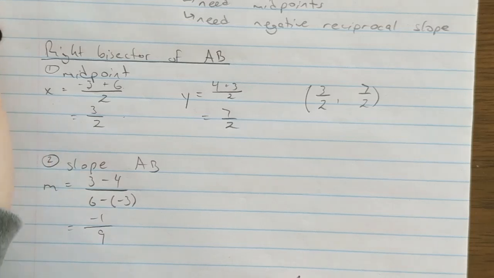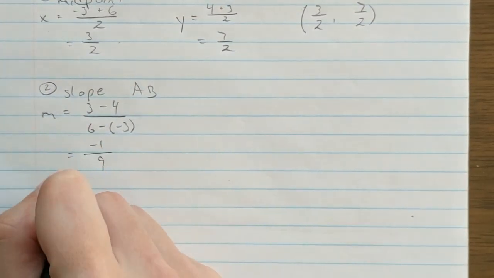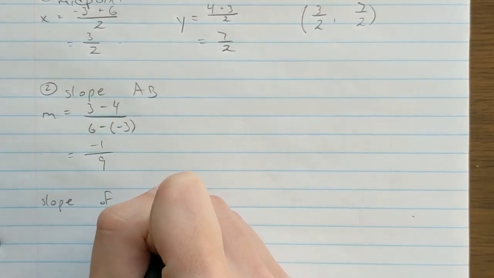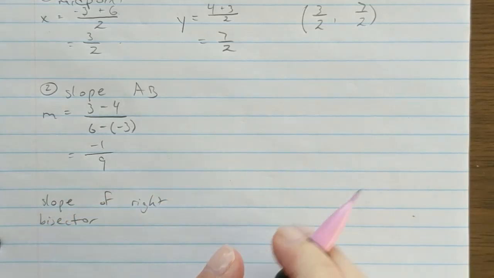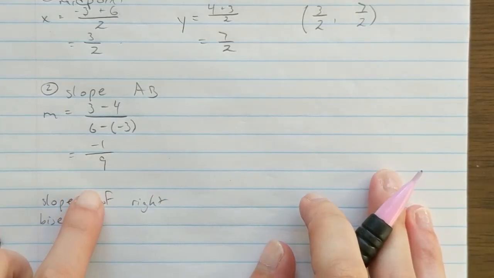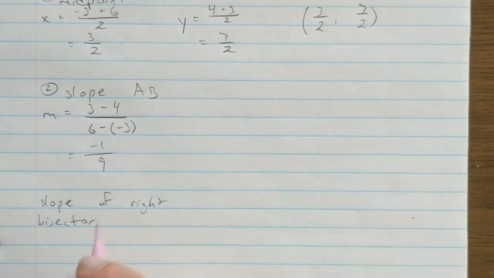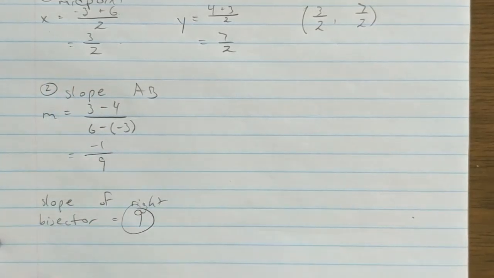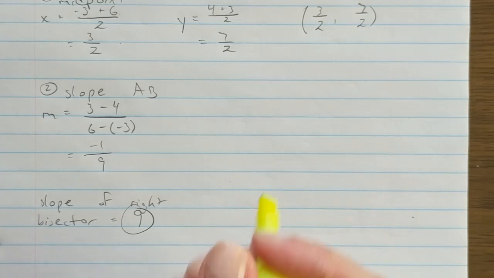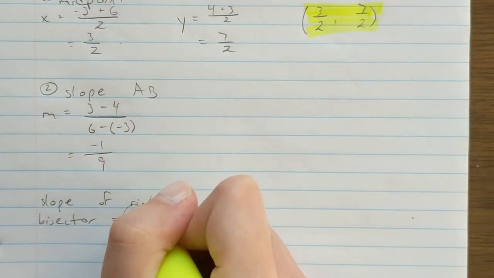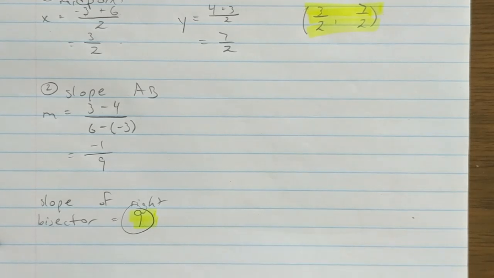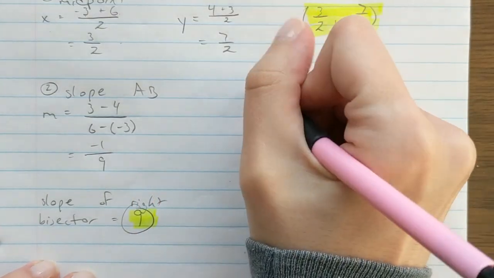Okay, so the actual slope of the right bisector is going to be the negative reciprocal of negative 1 over 9. Flip that, switch the sign, is 9. So I now have the point my right bisector passes through, as well as the slope of my right bisector, and I can go ahead and find the equation of my line, which I'm going to do so here.